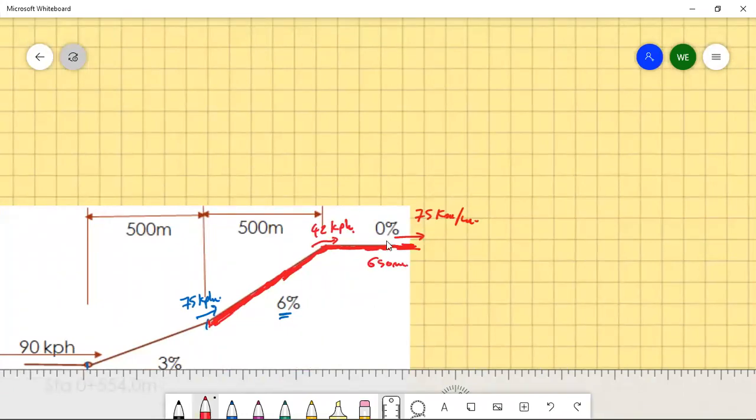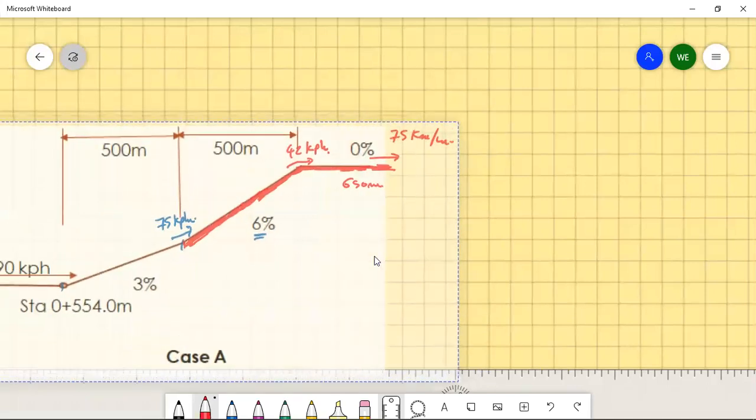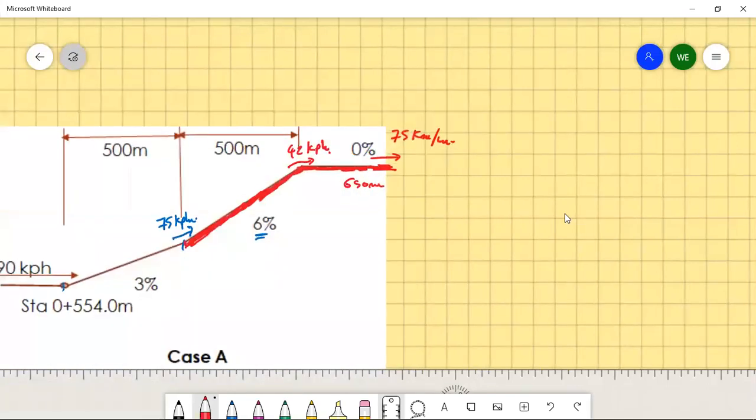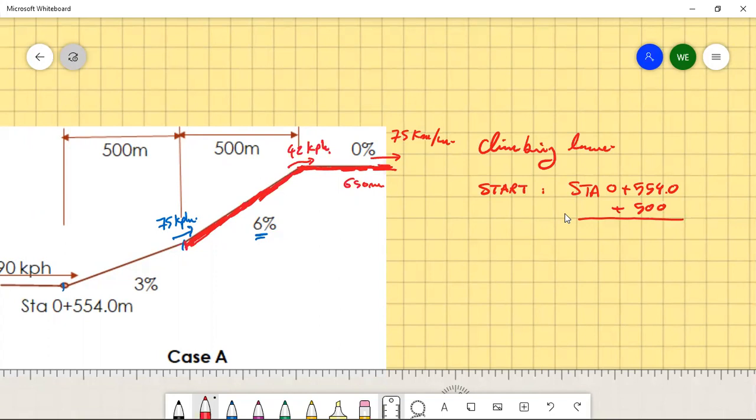So the station where the climbing lane starts is going to be at station 0 plus 554.0 plus 500. That's this point.